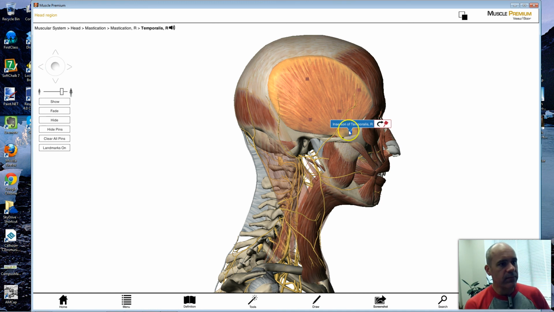Hopefully you do. So when this muscle contracts, the fibers pull on the coronoid process of the mandible. So if your jaw is down like that, the temporalis muscle contracts, pulls up on that coronoid process, and you're going to elevate your mandible. That's going to be the action.